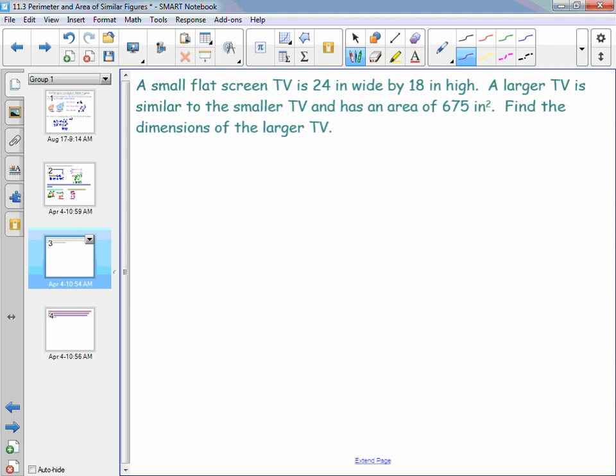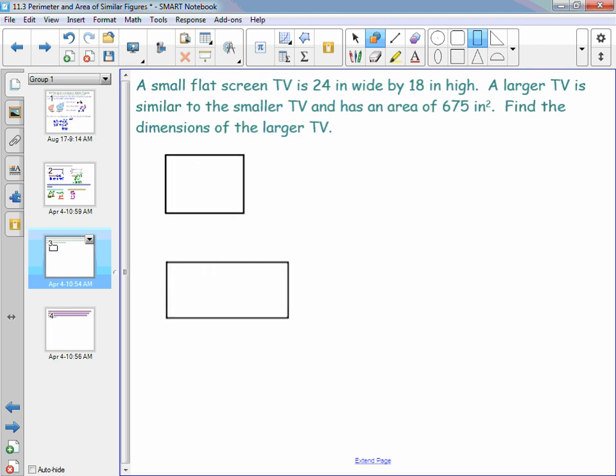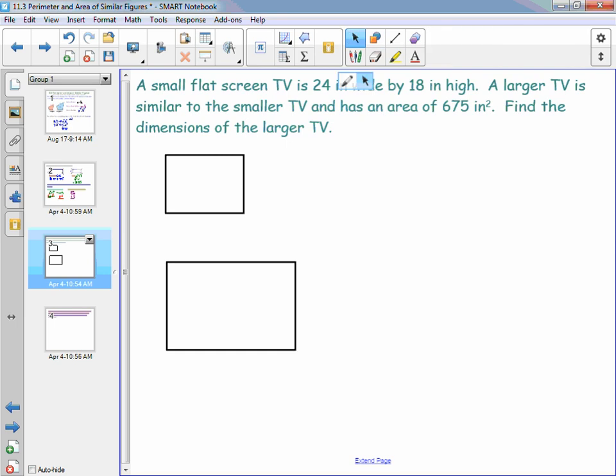With a problem like this, you're going to need to draw a diagram. The small flat screen TV is 24 inches wide by 18 inches high. What we're going to do is draw ourselves a couple rectangles here, one to represent the small, and one to represent the larger TV.